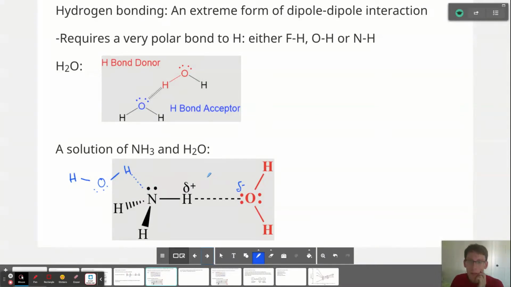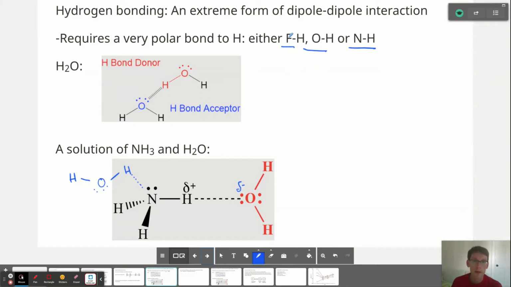Now, hydrogen bonding can only happen when there is an extremely polar bond between hydrogen and something else. The examples are FH, OH, or NH. Whenever you have those bonds, the hydrogen is able to interact with a lone pair from another atom in a way that has such strength that it is called a hydrogen bond.